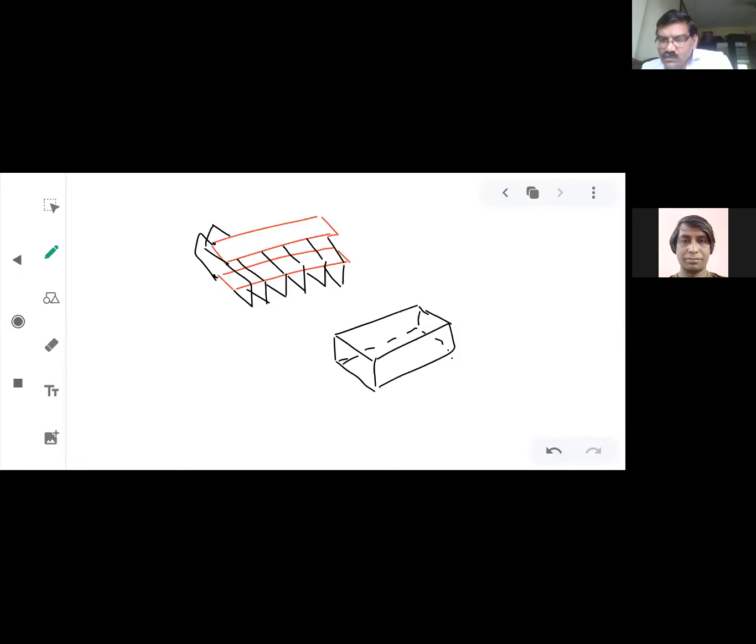Now, there are certain formulas which we are going to use. But before that, we'll talk on modes.